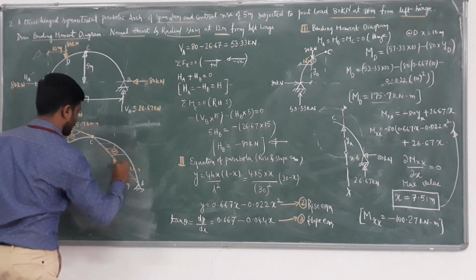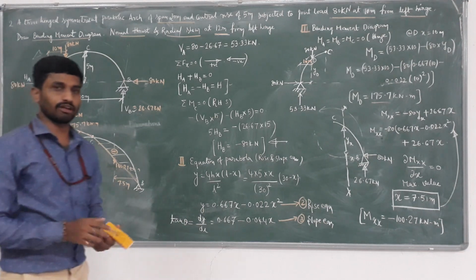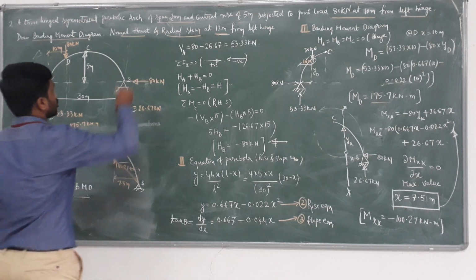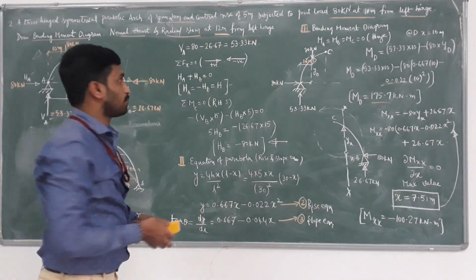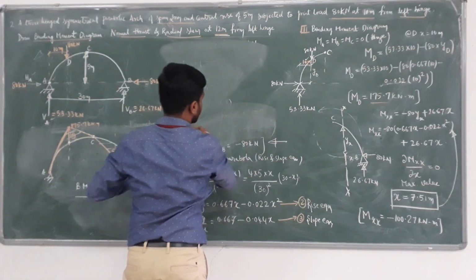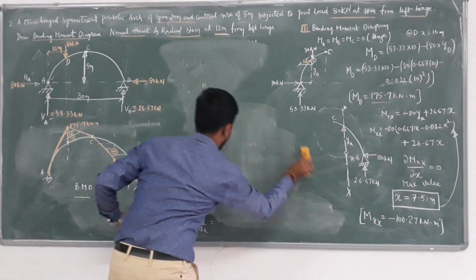This is the bending moment diagram for symmetrical parabolic arch. The next section is computation of normal thrust and radial shear at 12 meter from the left hinge.